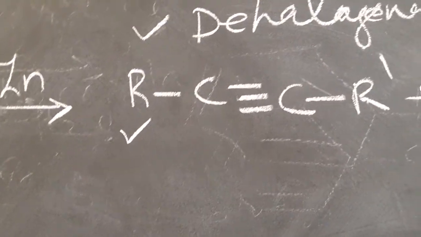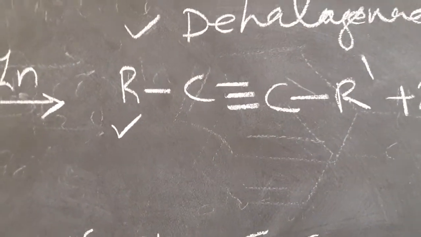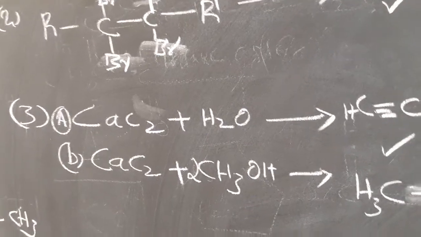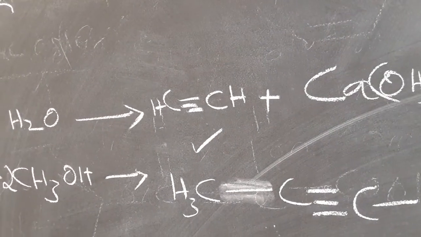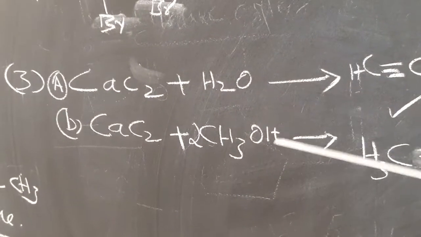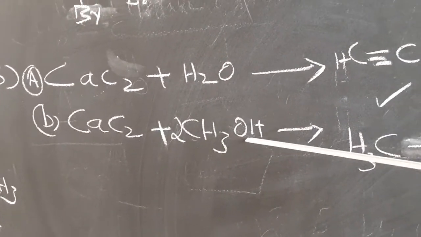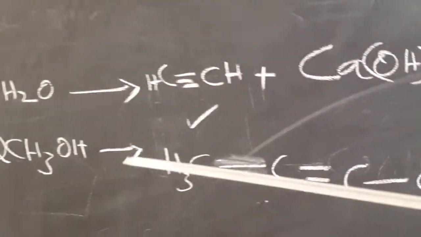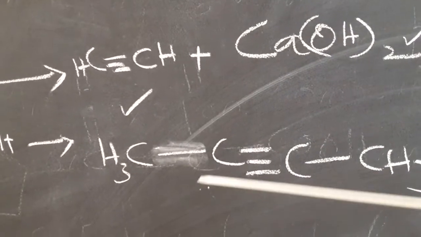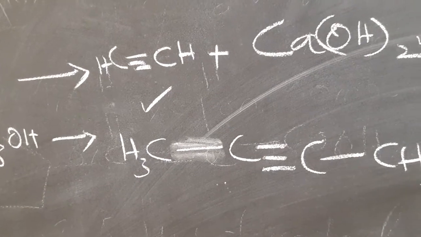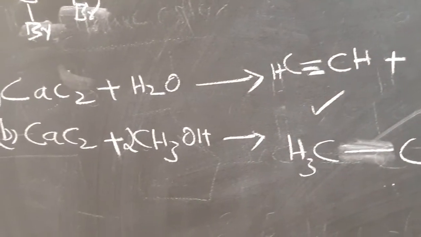Similarly, in the third method, calcium carbide reacts with water, forming acetylene and calcium hydroxide. Calcium carbide can also be reacted with methyl alcohol, giving CH3, C triple bond C, CH3, which is 2-butyne. So different methods can be applied with the help of calcium carbide.